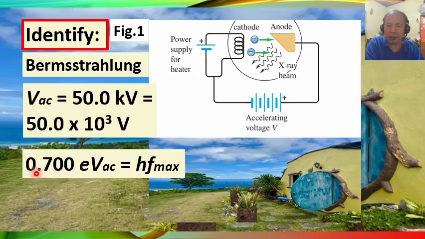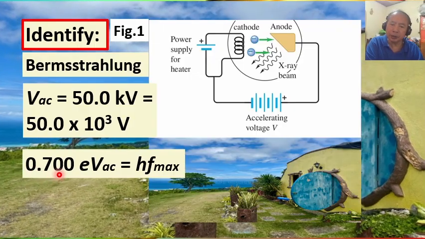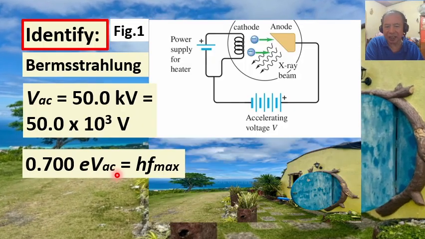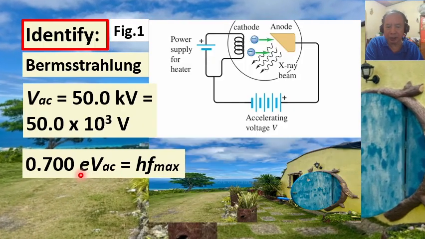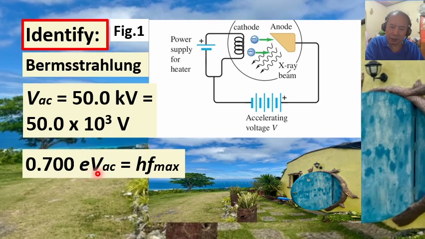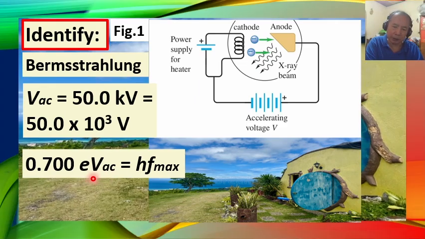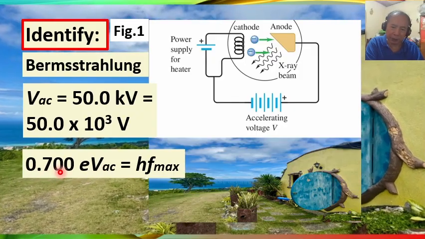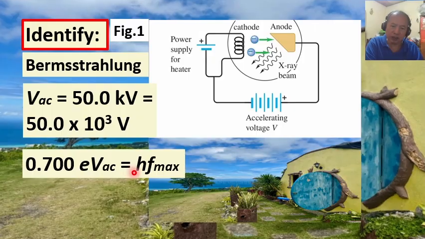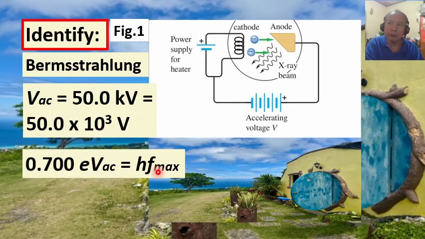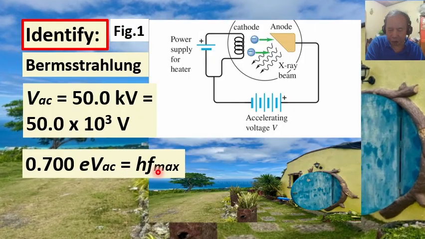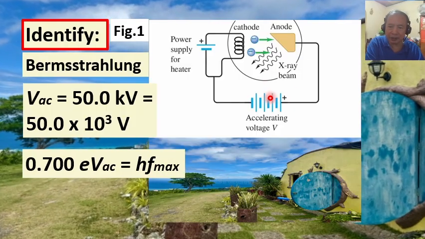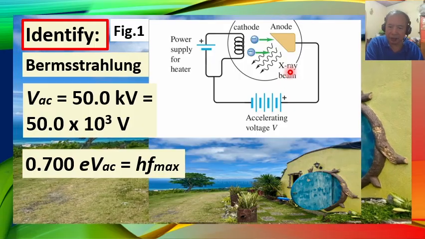And we can express that here as 0.700 of the electron's kinetic energy, which is expressed as the product of the charge of an electron and the accelerating voltage, V sub AC. So 70% of that, or 0.700, goes into what we call the photon energy of the emitted radiation, such as an X-ray.